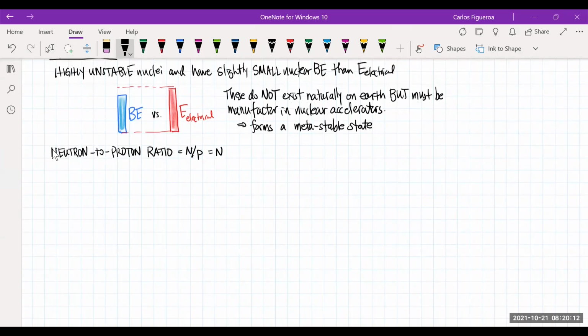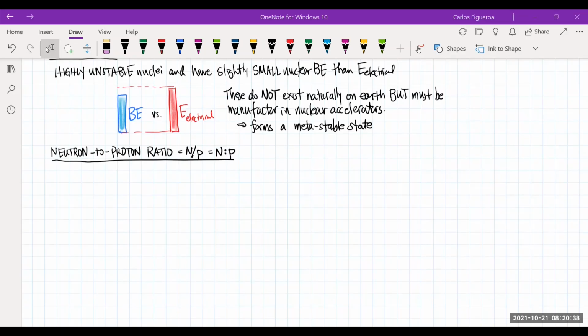And sometimes when I'm not thinking, I'll write it n double dot p. So n, the ratio to p. And this is a huge thing that really tells us what is going on inside the nucleus. And man, is this stuff interesting.